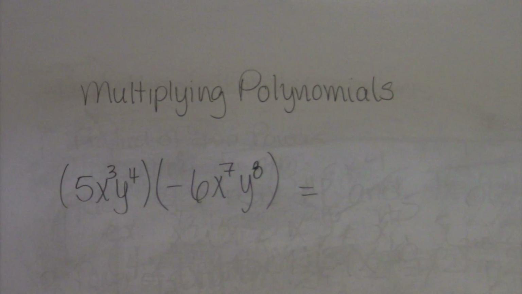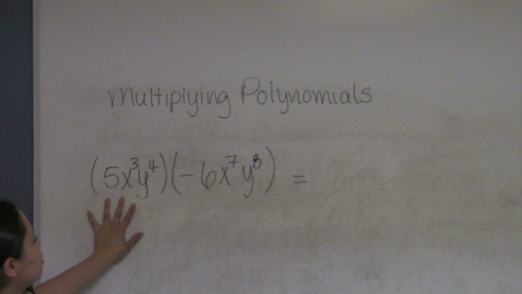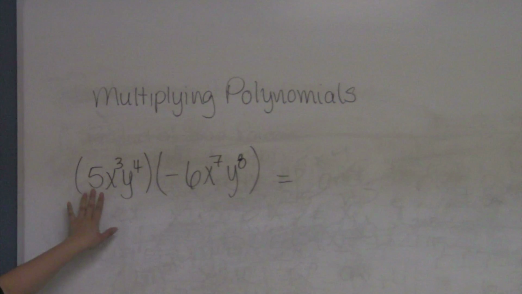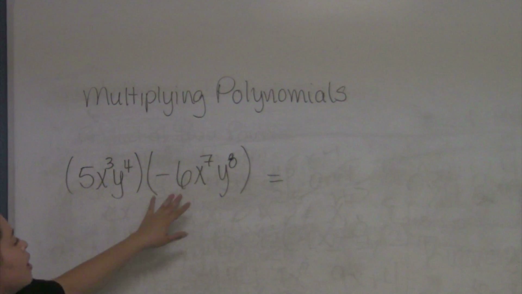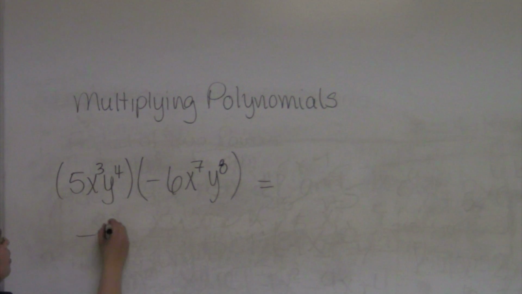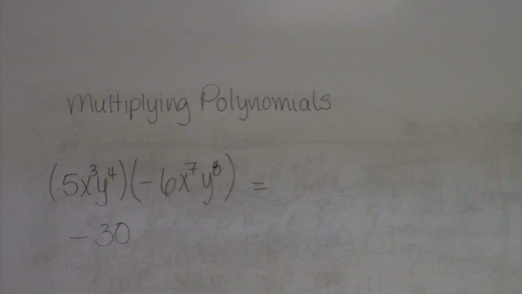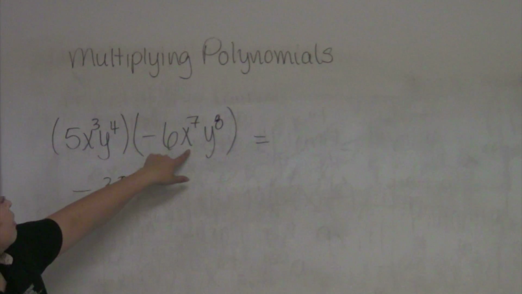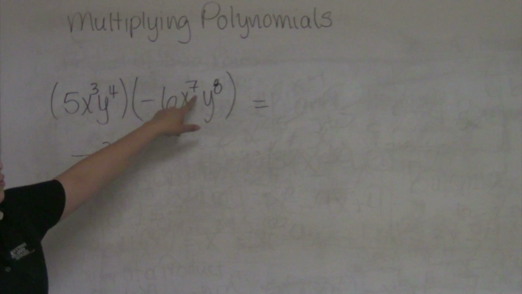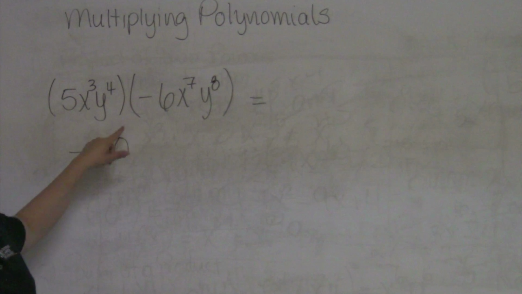Now let's move to multiplications with polynomials. What we're going to do here is multiply the numbers. So you have 5 times negative 6. This becomes a negative 30. Now, if you remember, the product rule says that every time you have the same variable with different exponents, you add the exponents if you have a multiplication.